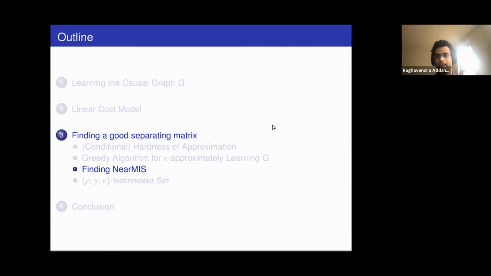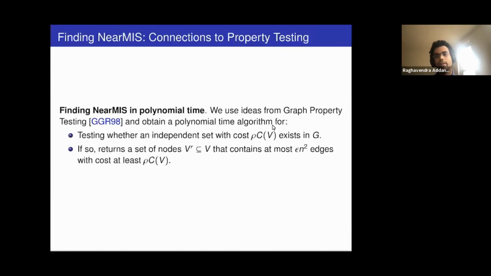So how do we find these sparse graphs with cost as high as MIS? For this, we use connections to property testing, wherein we give a polynomial time algorithm for testing whether an independent set with cost rho times C of V exists or not, where rho is some constant from 0 to 1.